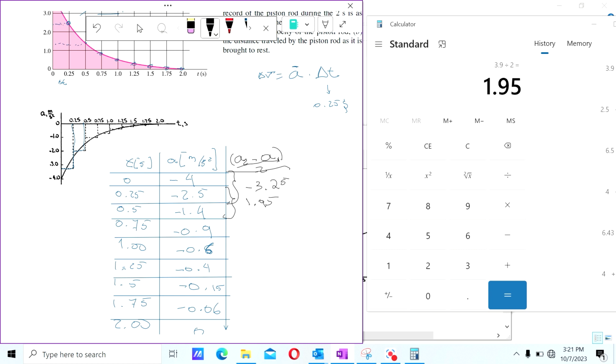The next one is 1.4 plus 0.9, and that is divided by 2, 1.15.